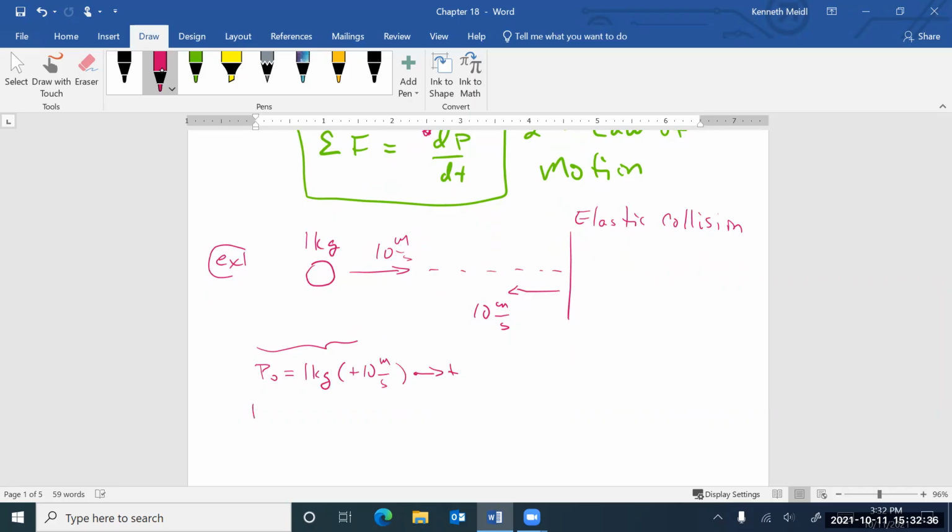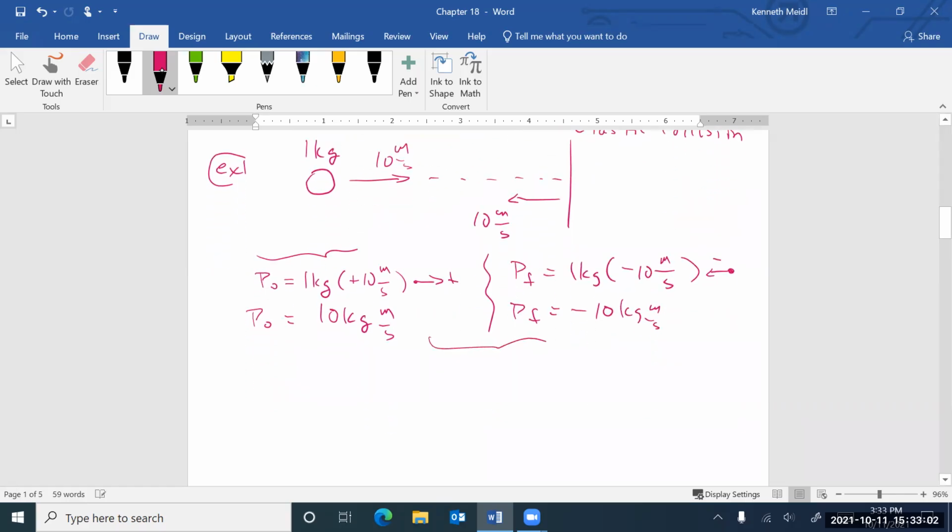So I've got an initial momentum of 1 times 10, which is just 10 kilograms times meters per second. Now, my final momentum is 1 kilogram, but the object is moving in the other direction, and so my final momentum is negative 10 kilograms meters per second.